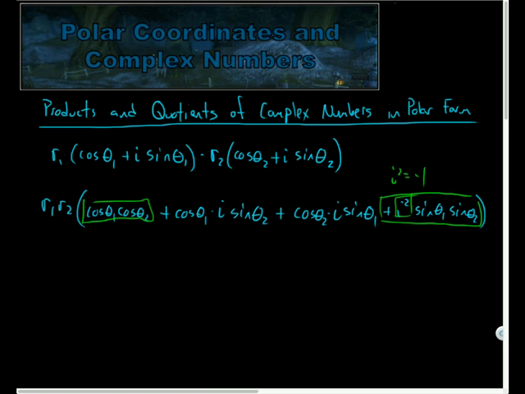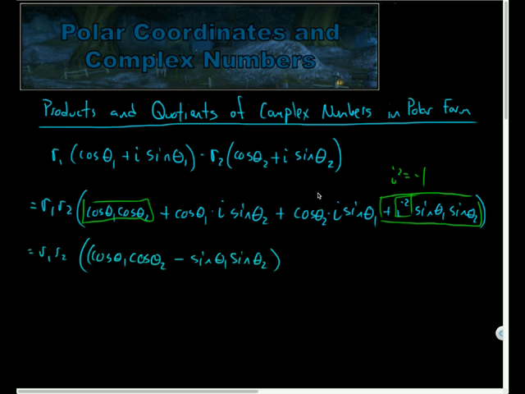So I'll combine these. I'll have r1 r2 times cosine theta 1 cosine theta 2, and this plus i squared becomes minus 1 times sine theta 1 sine theta 2. I'll put parentheses around this. This is my a for the result of the product of these two complex numbers.